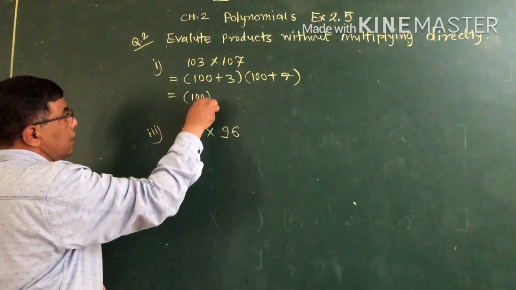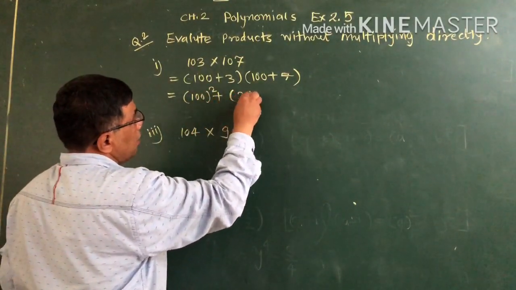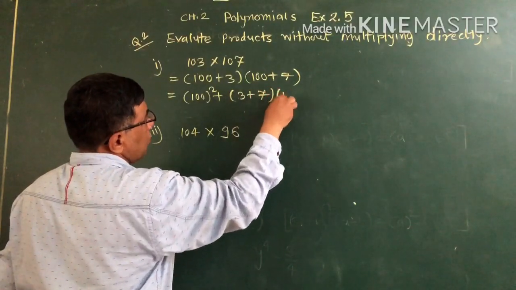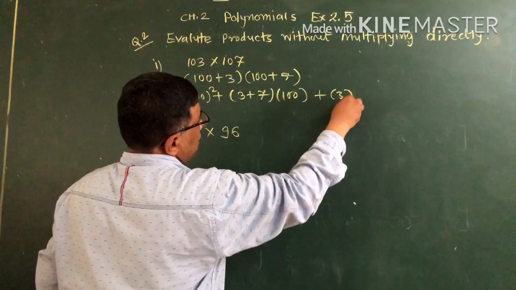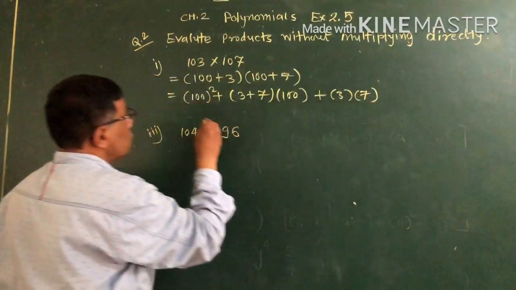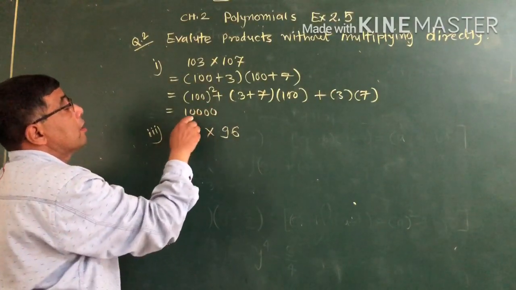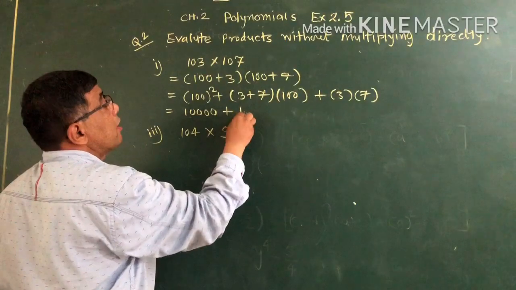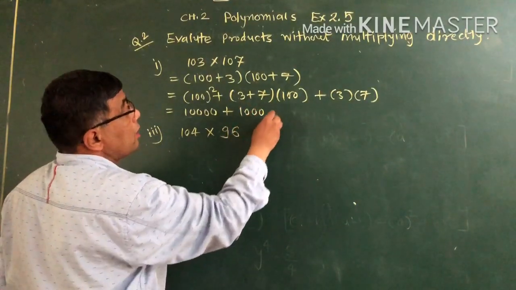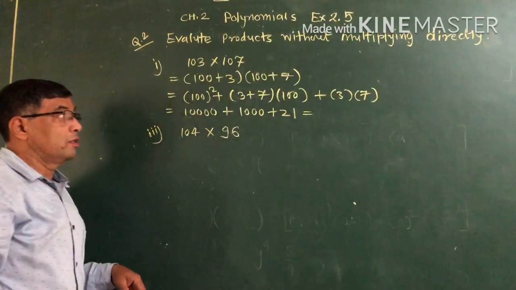According to that, the answer is x square, meaning 100 square, plus (a + b), 3 plus 7, into x, which is 100, plus a into b, 3 into 7. So this way we get here 10,000 plus 10 into 100, which is 1000, and 21.